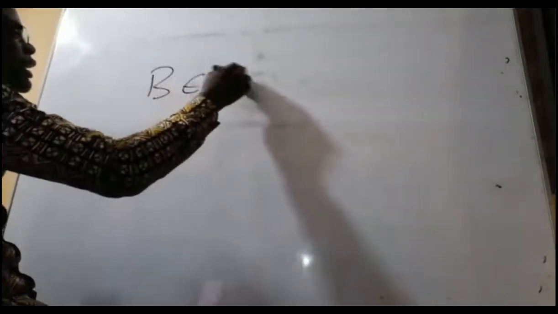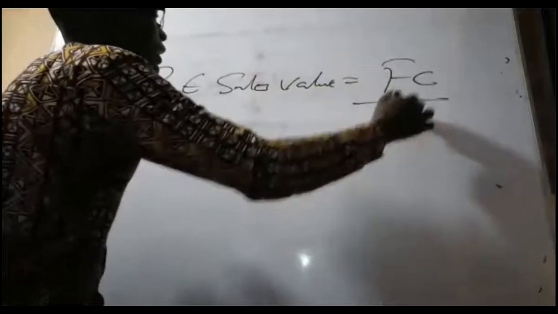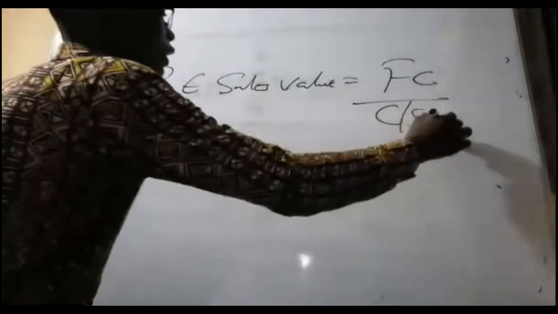So break-even sales value, alternative formula, is equal to the fixed cost over the CS ratio. That is all.